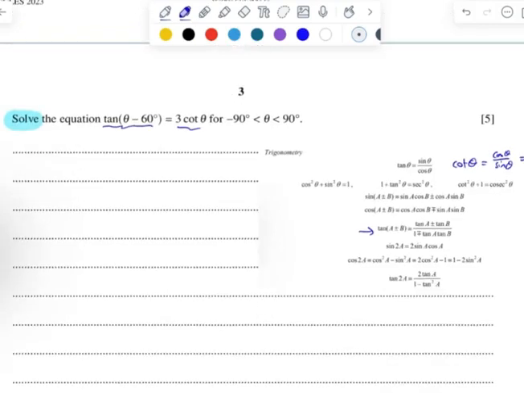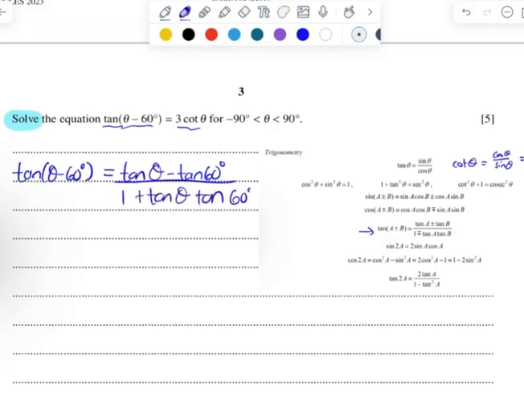So I'm first going to expand my tan. That is going to give me tan theta minus tan 60, over 1 plus tan theta tan 60.